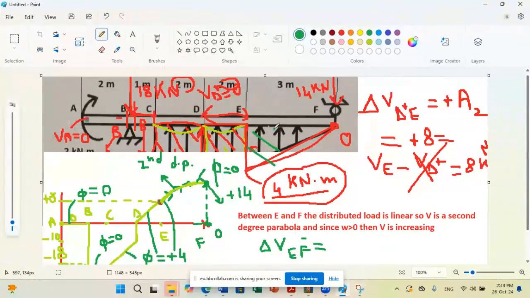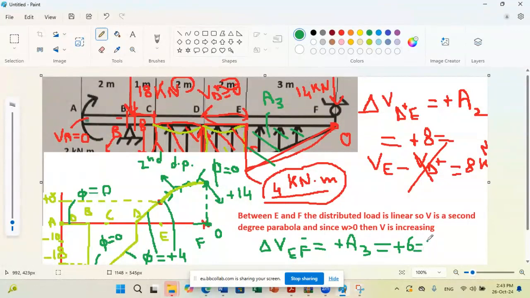It's equal to the area of the triangle. And it's a plus area because also here the distributed load is upward. So if I consider this is area 3, delta V from E to F is equal to plus A3. And this area is equal to the triangular load, which is 3 times 4 over 2 equals plus 6.